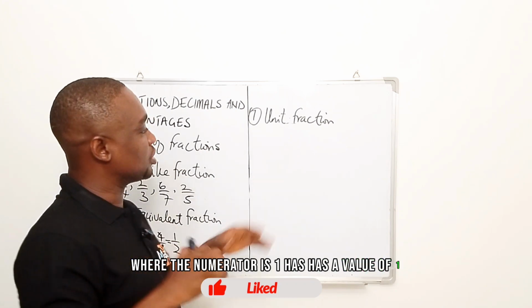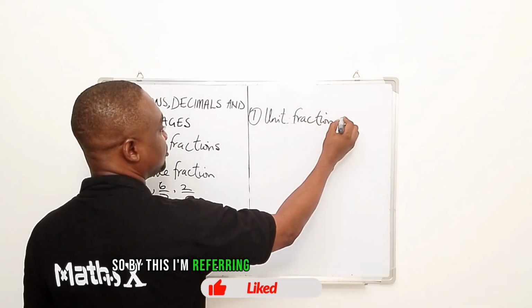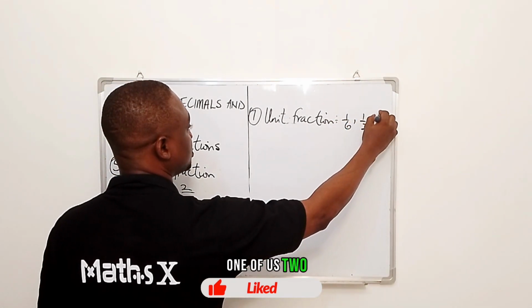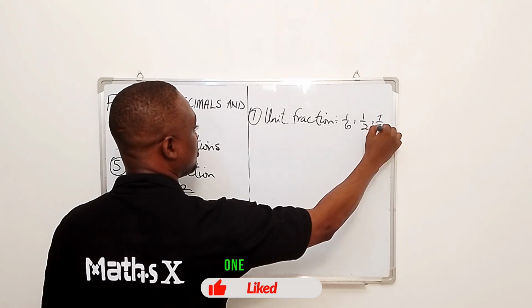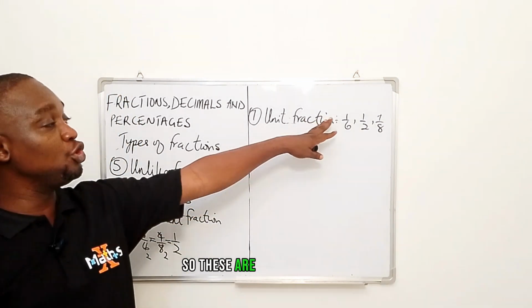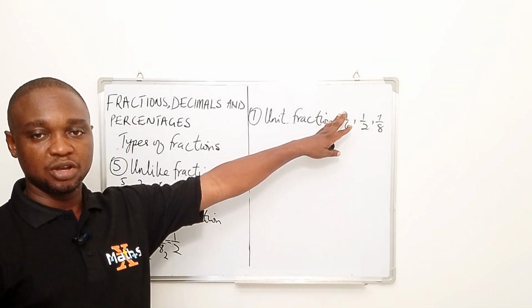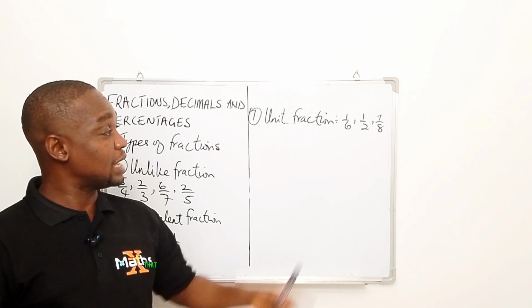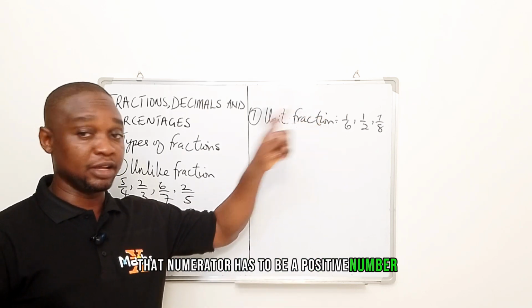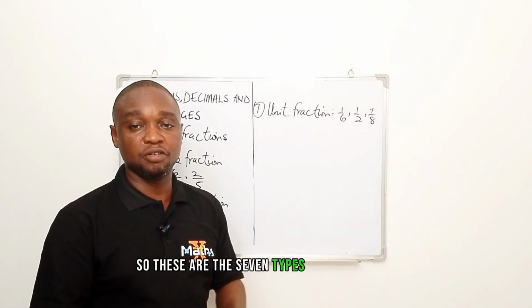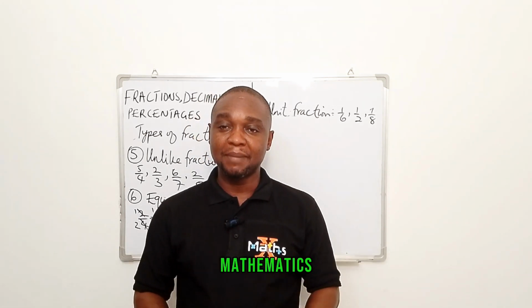So by this, I'm referring to fractions like 1 over 6, 1 over 2, 1 over 8. I can go on and on. So these are unit fractions where the numerator is 1, and of course it has to be positive. That numerator should not be negative. So these are the 7 types of fractions in mathematics.